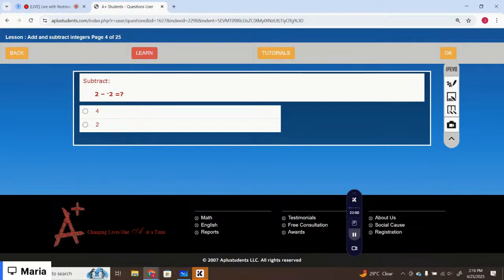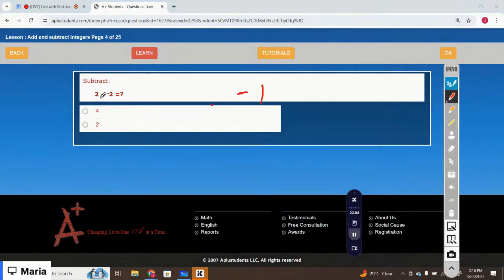2 minus -2. So we are subtracting a negative integer, right? Subtracting a negative integer is same as adding. Subtracting a negative number is same as adding.